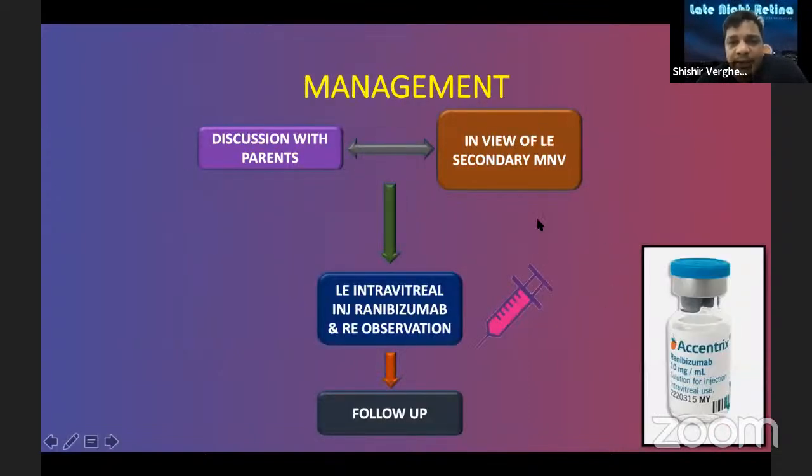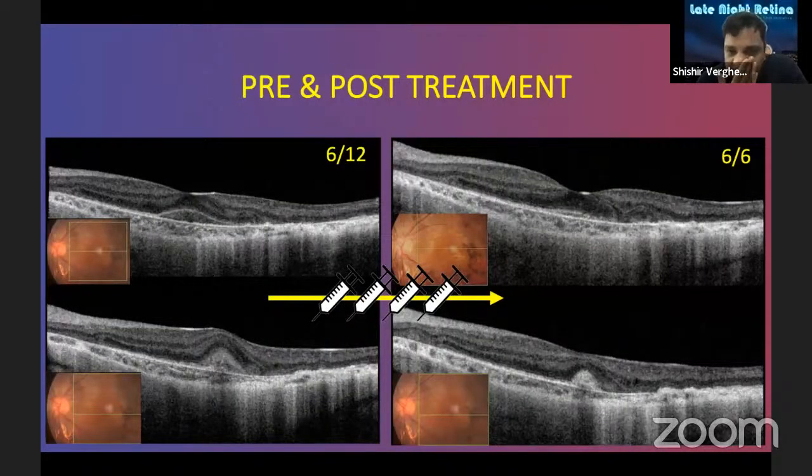After talking to the parents and in view of MNV in the left eye, we planned intravitreal ranibizumab, and the right eye was under observation. The patient underwent 4 injections of ranibizumab, monthly apart. Initial vision was 6/12, and after the 4 injections, there's resolution of the fluid and the resolution of the hemorrhage, as we can see post-treatment in this OCT of the left eye.